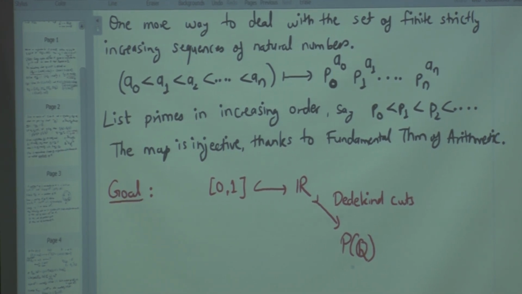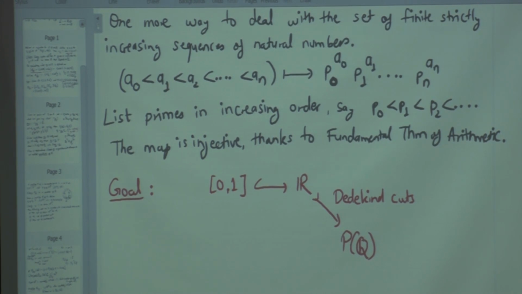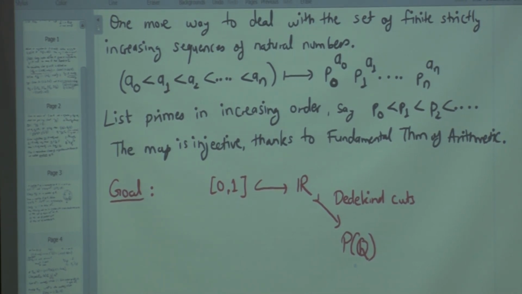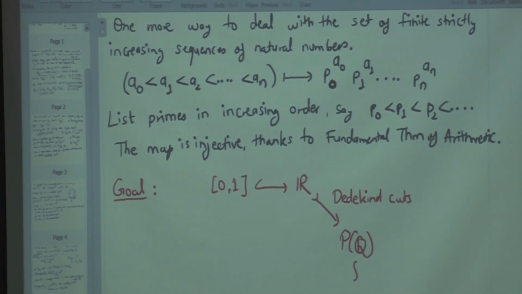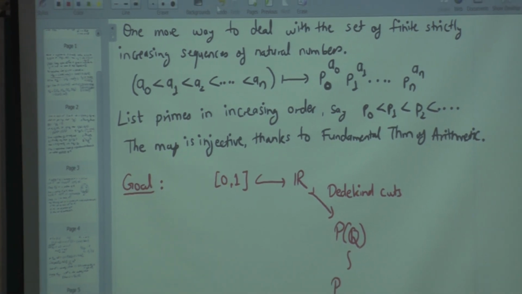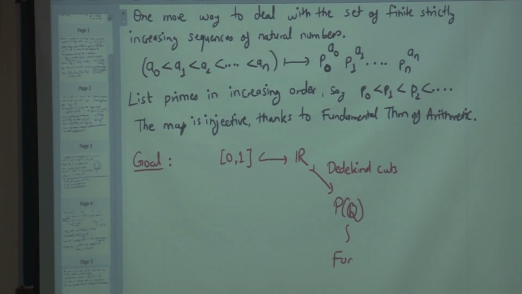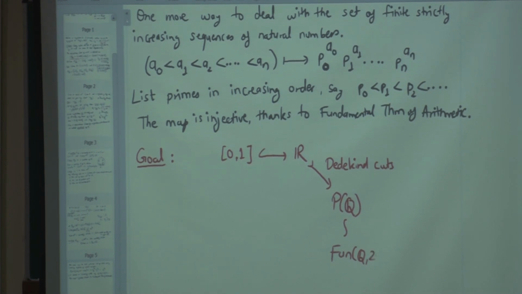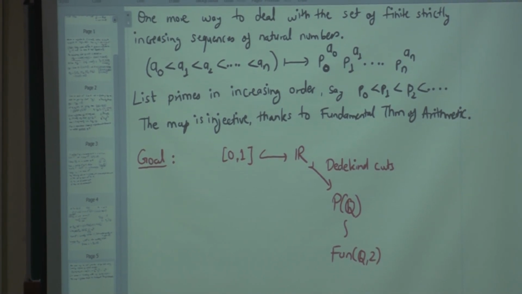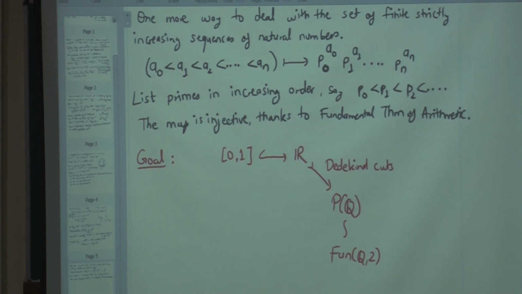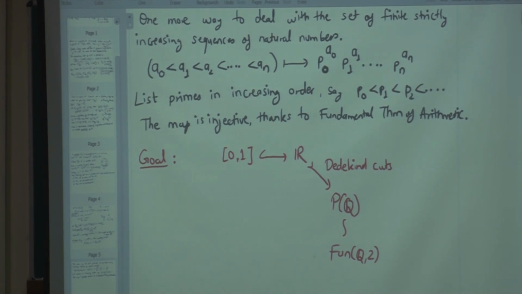Then the power set of rationals is what? Well, it is in bijection with the set of functions from Q to 2. All of you understand this? Yeah, we have done this today. Then there was an exercise yesterday which we did in the beginning.